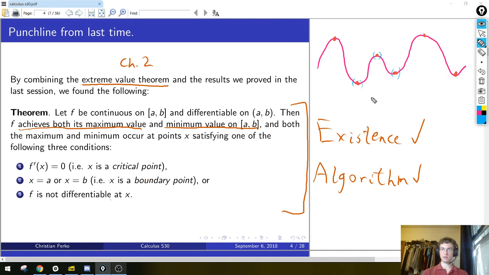But of course, there can only be one global maximum value, although there could be multiple global maximum points. So the global max for this example occurs here at the blue point, and the global min, the way I've drawn it, occurs down here at the green point.